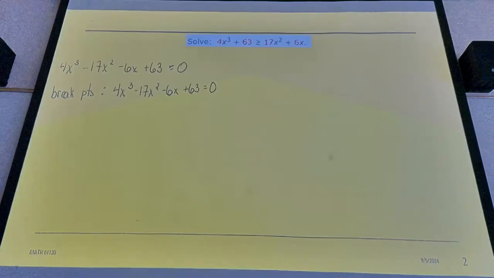Factors of 63: 1, 3, 21, and 63, I believe. Factors of 4: 1, 2, and 4. Oh boy, that's a lot of possible rational zeros.